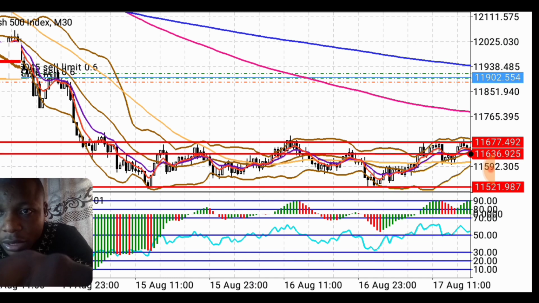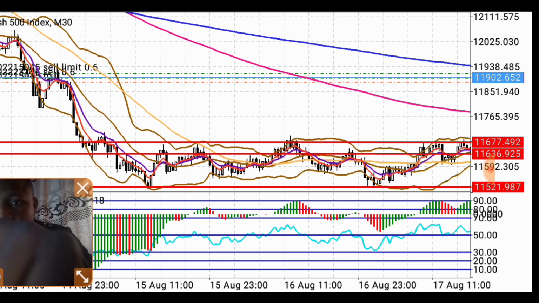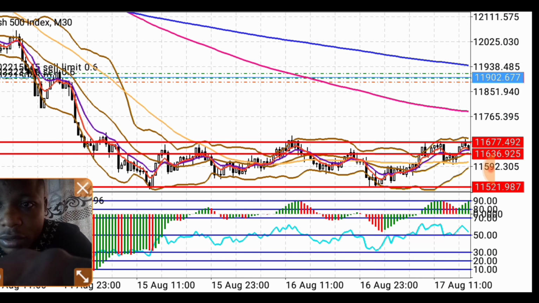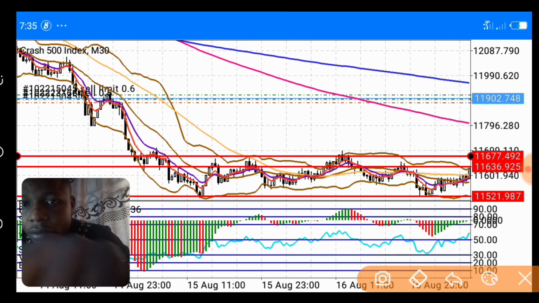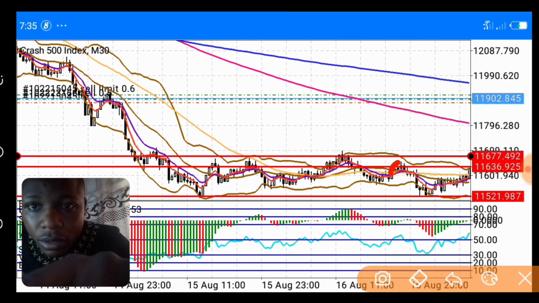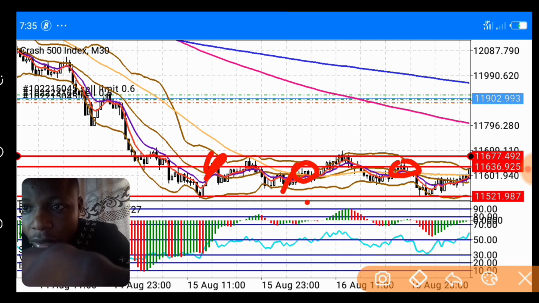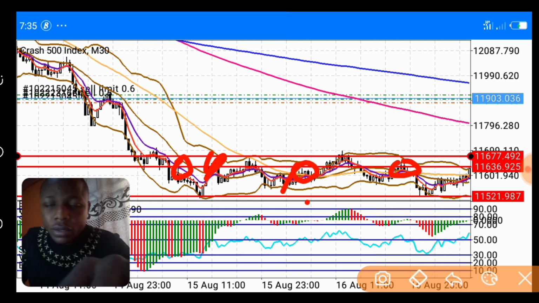Make sure it is touching at least 2 or 3. So this one is touching this one, it is touching this one. It is also touching a little one here. It is also touching one here.